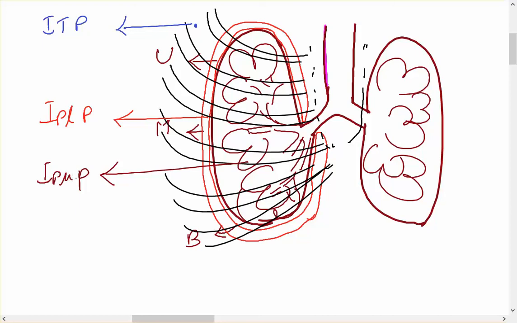Okay, this all should be negative because during the process of inspiration, the external intercostal muscle moves the rib cage upward and outward, and the diaphragm comes down. So that will increase the space in the thorax. So when that increases the space in the thorax, even the lung space is increased.